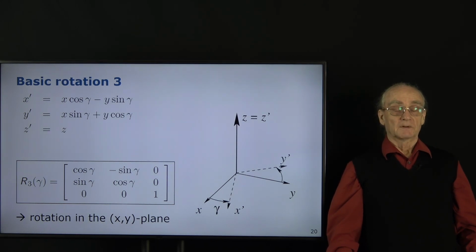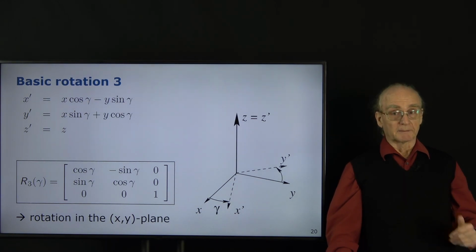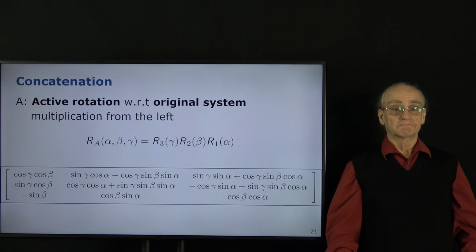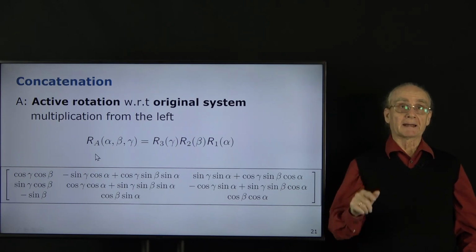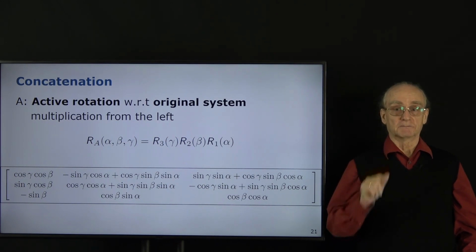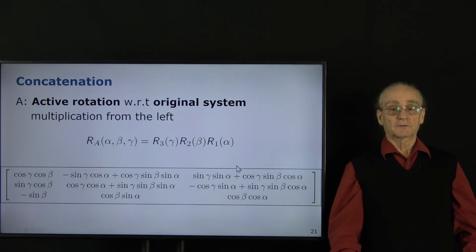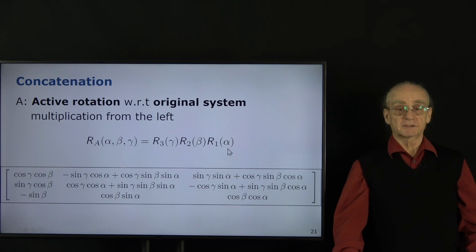Okay, these are the individual rotations, and now we want to concatenate them. So let's assume we have an active rotation. That means we talk about the rotation of some object, and we describe the angles around the axis in the original system. Then we have to multiply the matrices from the left.